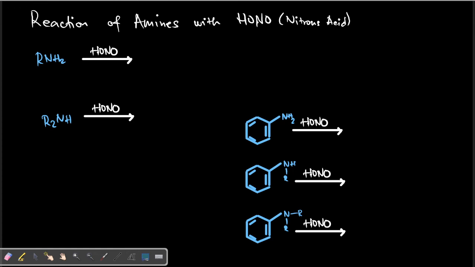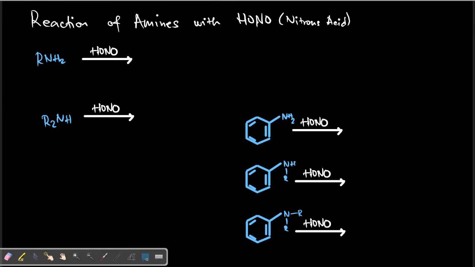So dahil dun sa case na yon, hindi tayo magkakaroon ng reaction dun sa ating tertiary amines kasi wala na naman tayong sites for reaction kasi wala yung hydrogen natin doon.